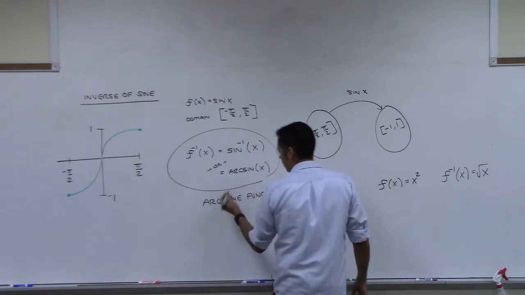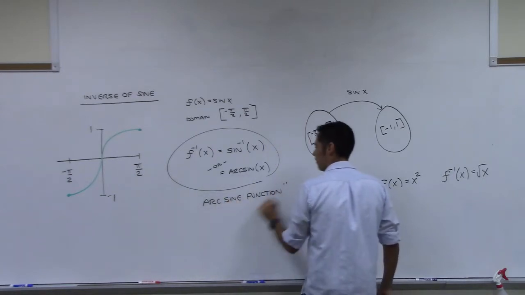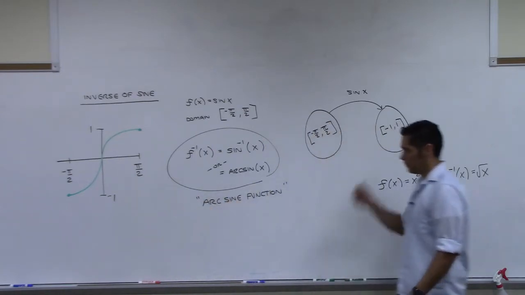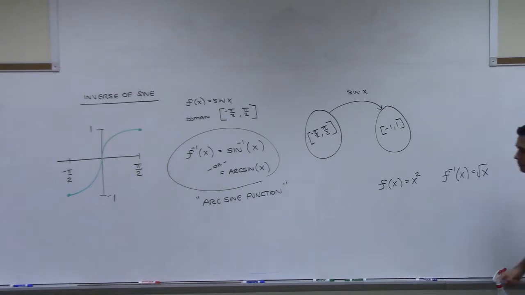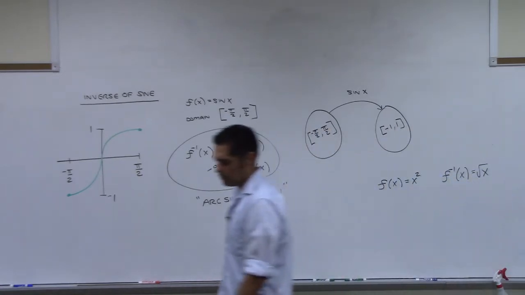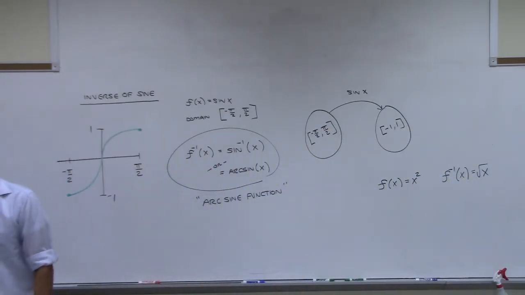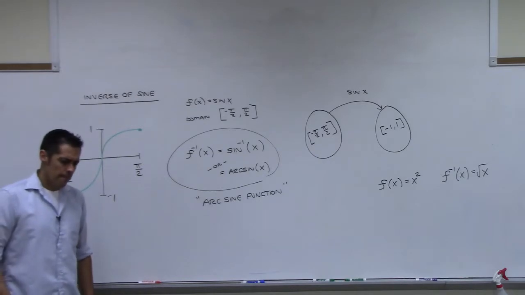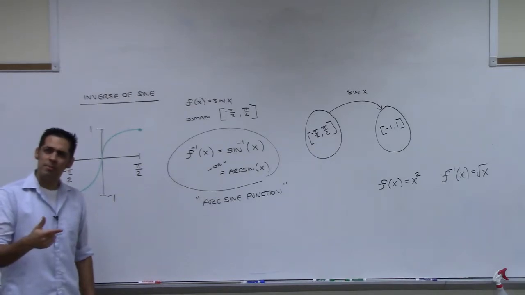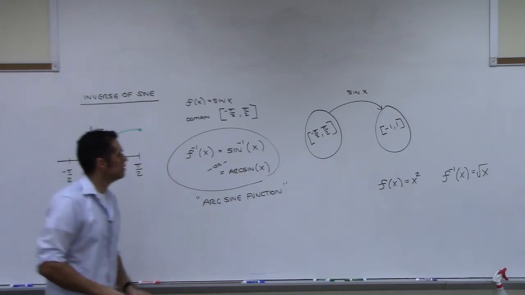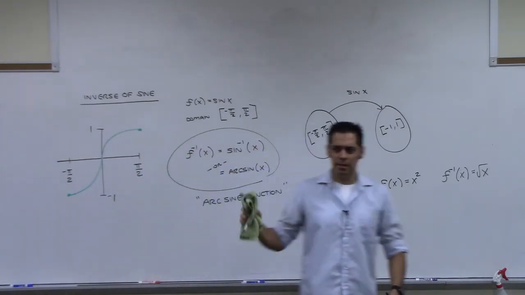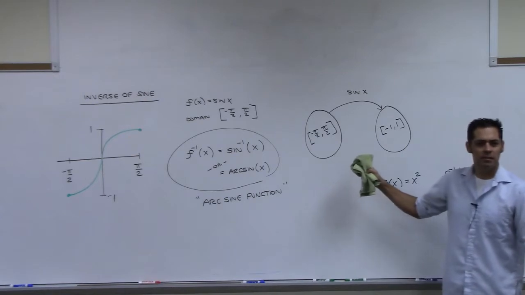The arcsine, that's just what we call it. What does the arcsine function spit out again? Angles, right? Okay. And those angles have to be in here, right?